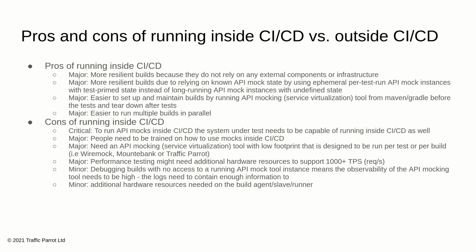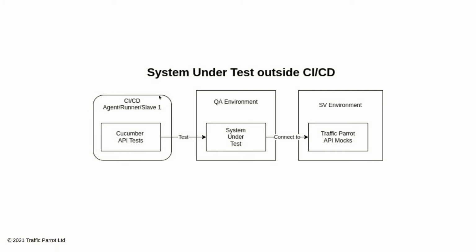And then it's easier to run multiple builds in parallel. So if you're running your test against a shared environment that is connecting to a shared service virtualization environment, if you wanted to double the amount of tests that are being run against the same system under test, well, those tests might interfere with each other and they need to be written in a certain way that you don't use the same usernames, for example, because the parallel test runs might be stepping on each other's toes.